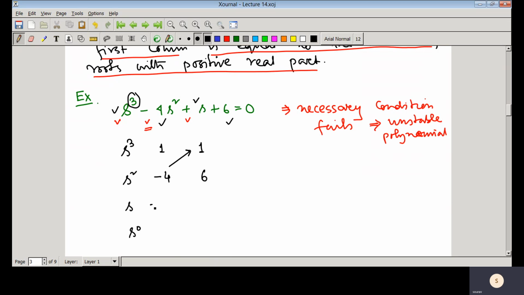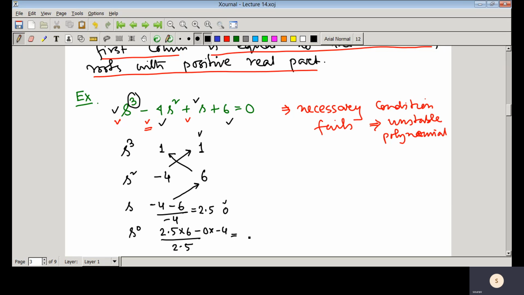So that is -4 and minus of -6 divided by -4. This value is coming 2.5, and then the next value is 0. Then here you can see 2.5, so that is 2.5 into 6 minus 0 into -4 divided by 2.5.